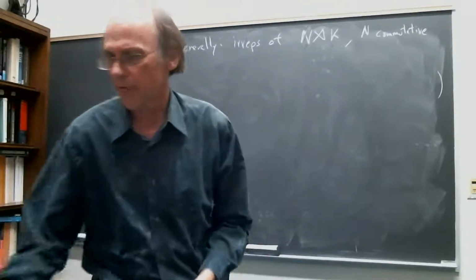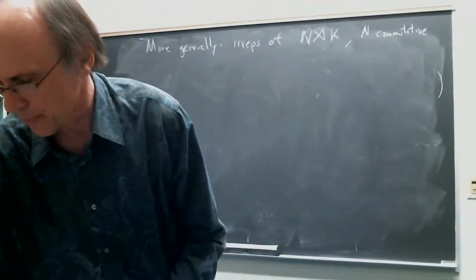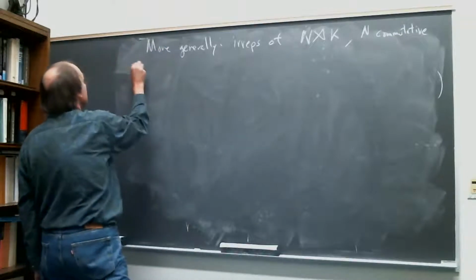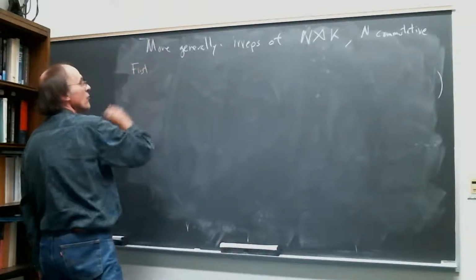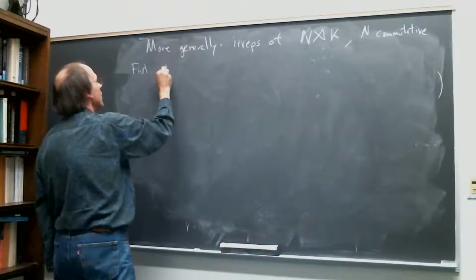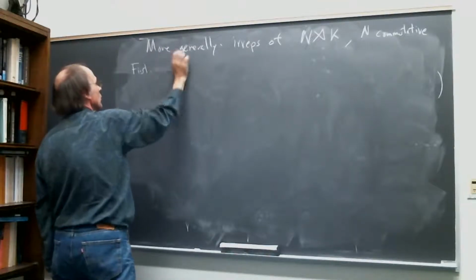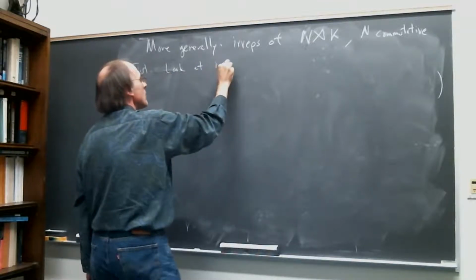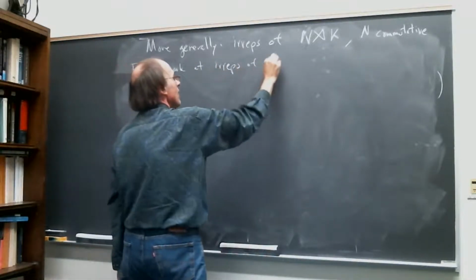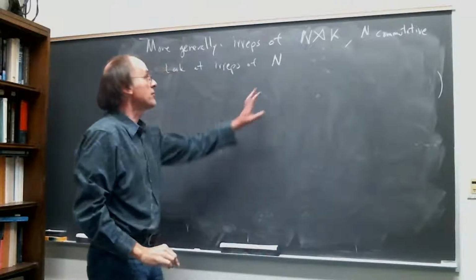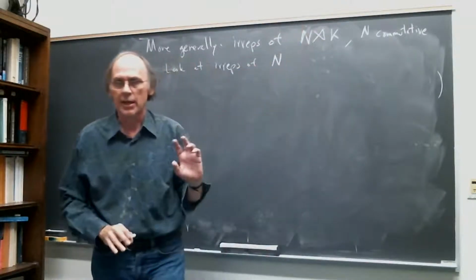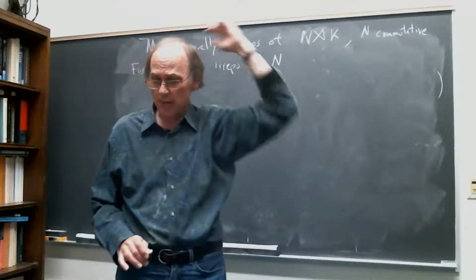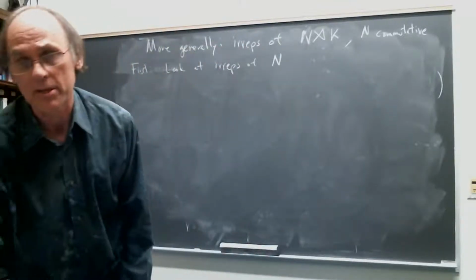And one reason for talking about this is that what we're going to do is study the irreducible representations of N. So first, we're going to forget about K for a minute, and just say, okay, we've got N, and all we know is that N is a commutative group. What are the irreducible representations?